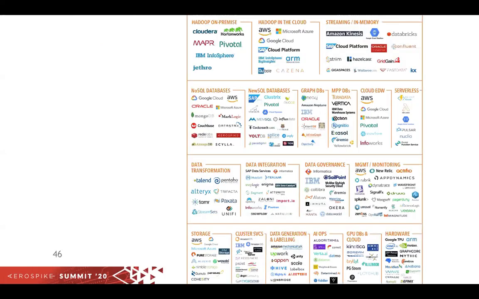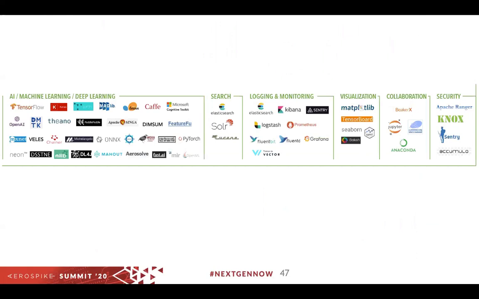And if we zoom in a little bit, there are so many more tools and fields that we didn't include, like AI ops and like storage and like hardware and data transformation and search and visualization and collaboration, and of course security. So there's a lot more to put on top of that. And as I said in the beginning, that's my opinion of what is the bare bones infrastructure. And there is a lot more to add depending on the use case.